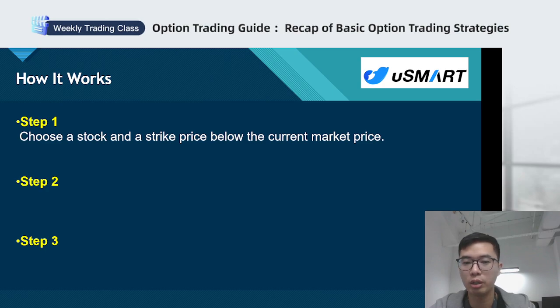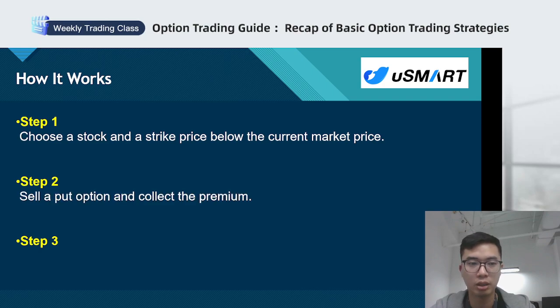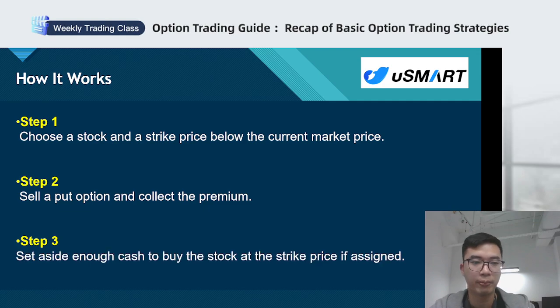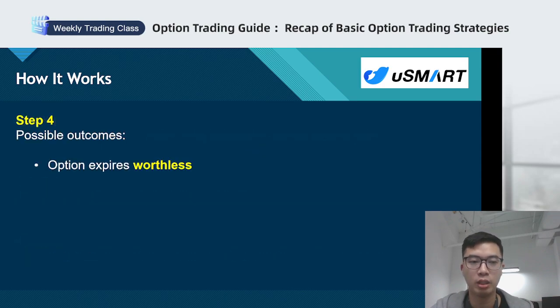Step 1, you choose a stock and a strike price below the current market price. Step 2, you sell a put option and collect the premium. Step 3, you set aside enough cash to buy the stock at the strike price if assigned. Possible outcomes: when the option expires worthless, you keep the premium.